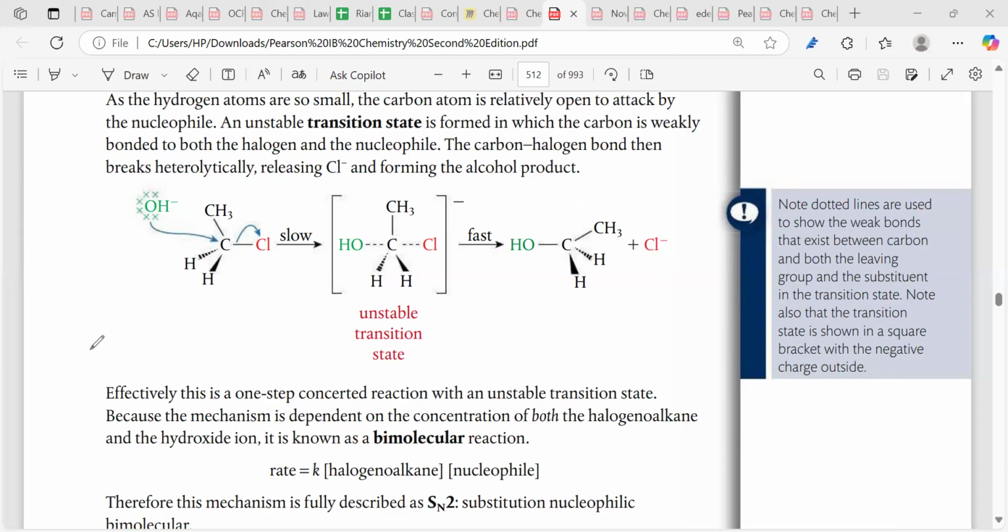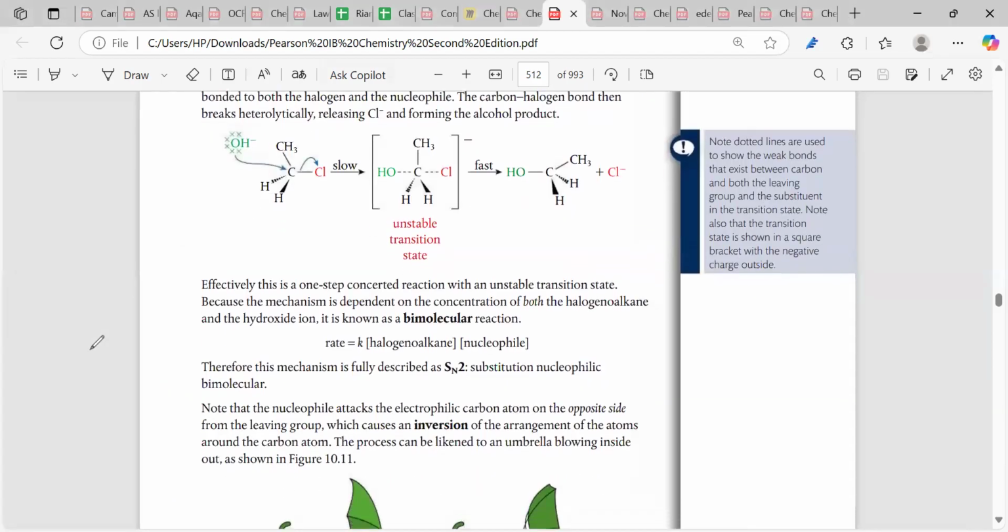In our last session, we also understood the rates of the reaction. The rate of a reaction will be equal to the rate constant into RX to the power of 1 into OH minus to the power of 1, right?